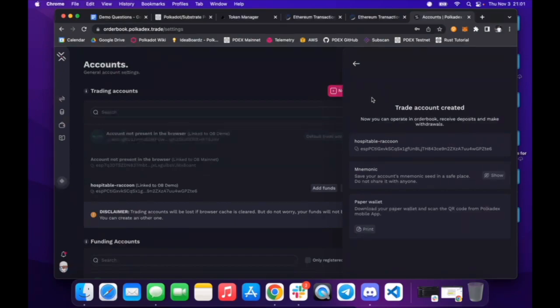So when you use a new browser, that browser is not going to have information of the previous trading account that you created on a different browser. But at the same time, you can add a new trading account and that is linked to the main funding account, and really have the same tokens, really have the same balances show up in both the accounts.